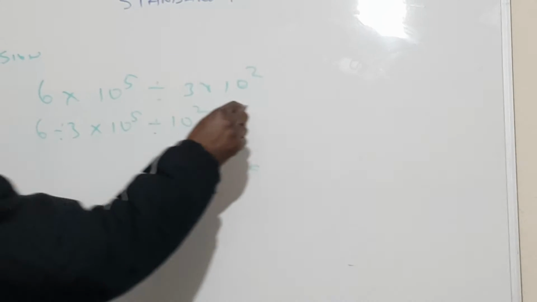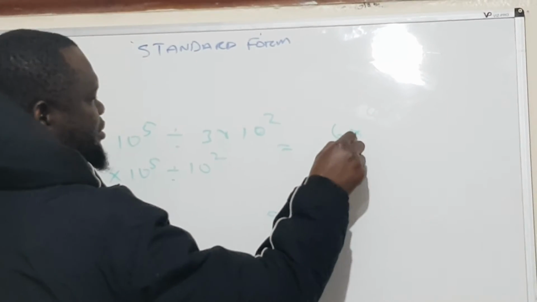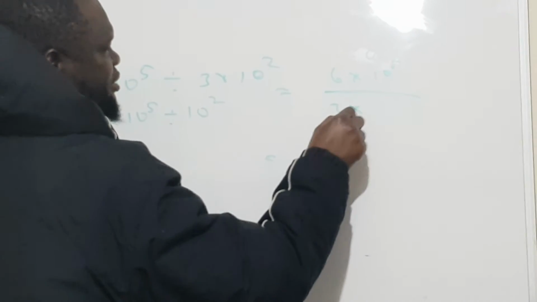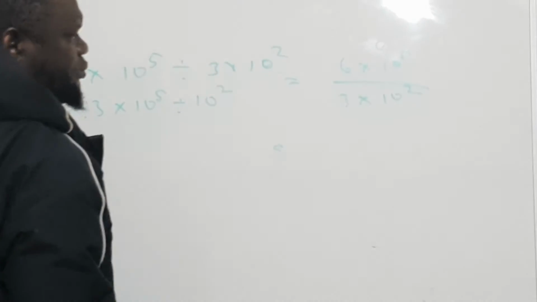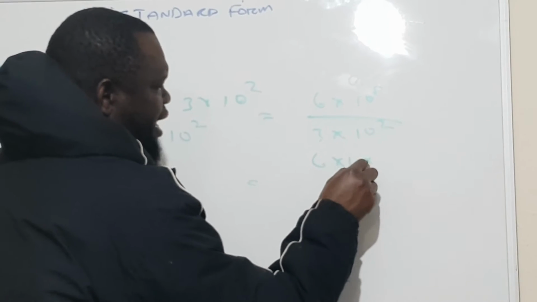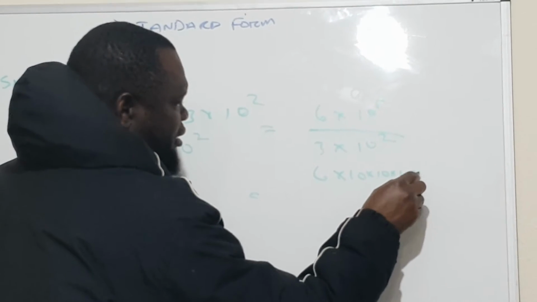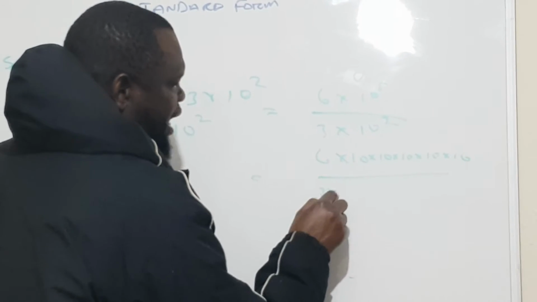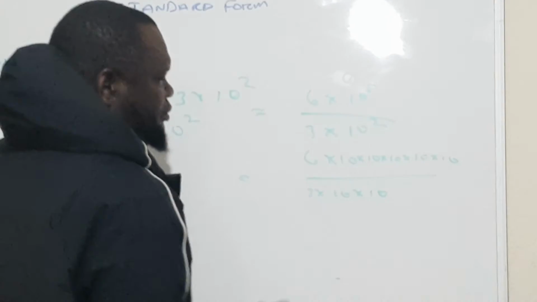Because if you want to transform this, it's going to be 6 times 10 to the power 5 divided by 3 times 10 to the power 2. Basically, that will be 6 times 10 times 10 times 10 times 10 times 10, all over 3 times 10 times 10.